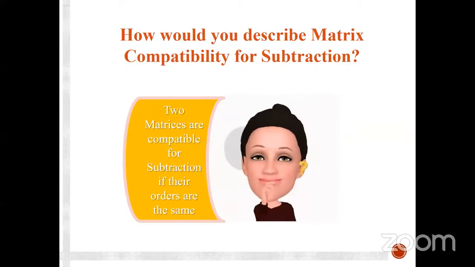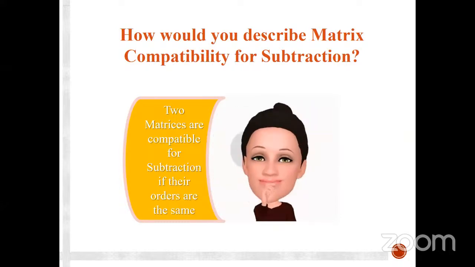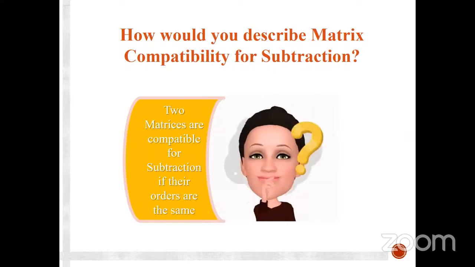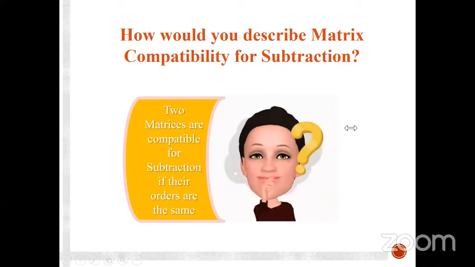But we will always take away the element in the second matrix from the element in the first matrix. All right, so if we have A minus B, I'm going to be subtracting the corresponding elements of matrix B from its corresponding element in matrix A. I hope that clarifies it for you, sweetie.